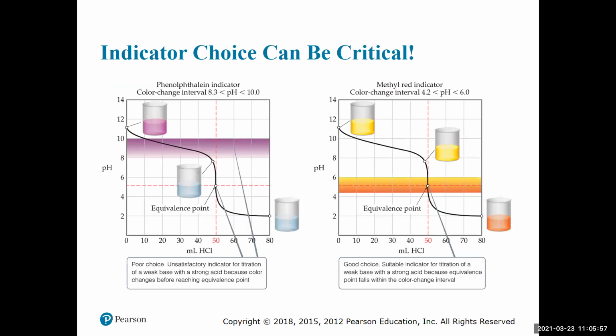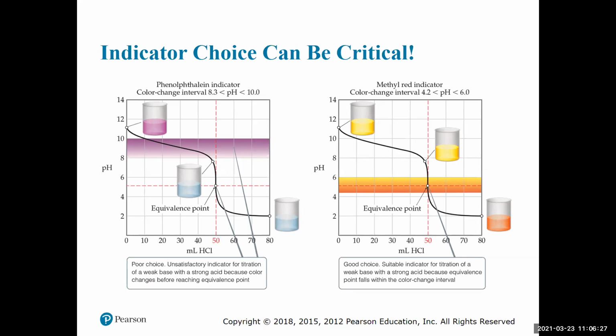Okay, so this is just some visual of picking the right indicator. So over here on the left, we're saying for phenolphthalein indicator, that works over 8.3 to 10, okay? But we have some equivalence points here that people are looking at, and none of the equivalence points show up in that area.